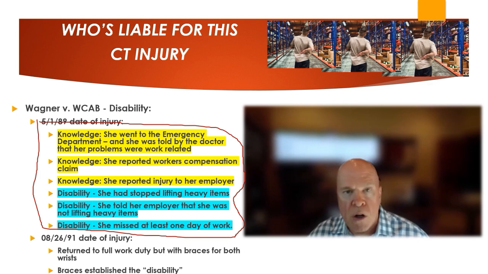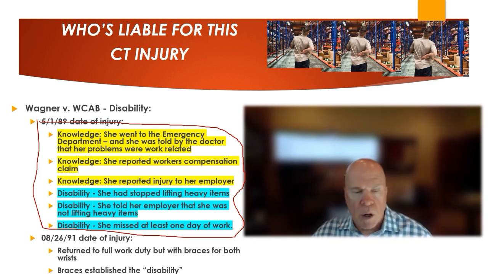So all of these factors seem to be a slam dunk in favor of CIIC at the time, but the workers' compensation judge saw things differently, and concluded for an August 26, 91 date of injury on the basis that this was when she returned to full work duty, but she returned with braces for both wrists.